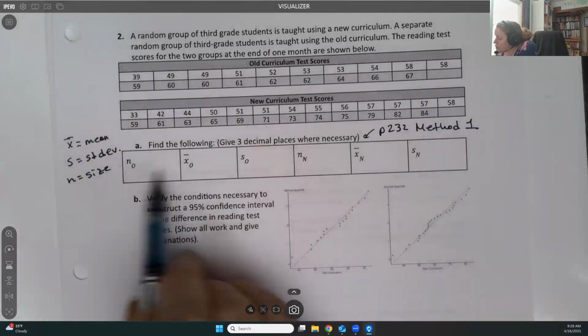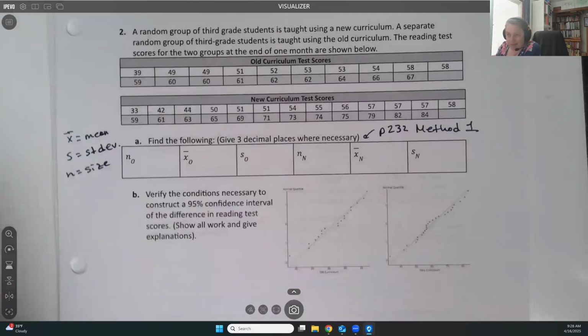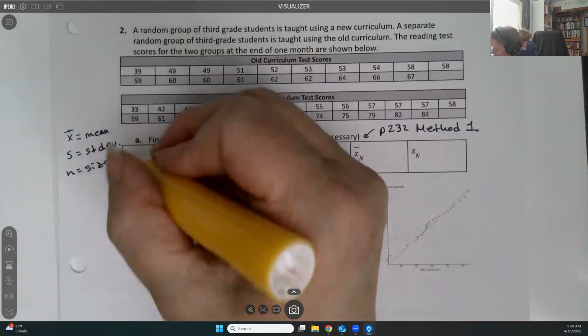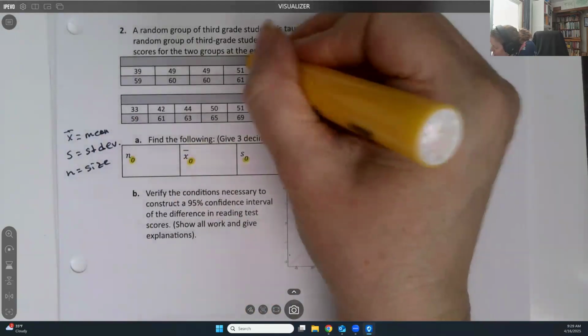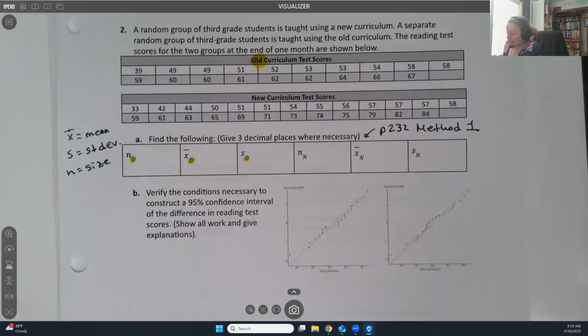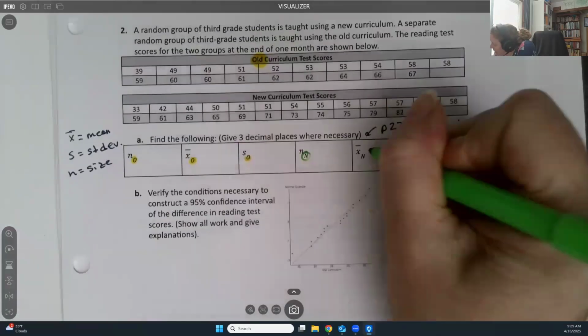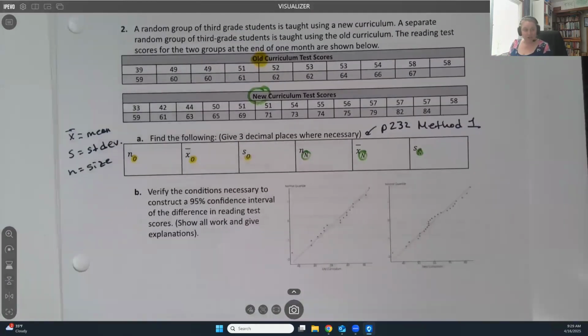Now the O's, these are O's for old curriculum. See what I was doing? So these little guys right here are saying O, O, O for the old curriculum. And then these other ones are saying N, N, N for the new curriculum. So you're going to have to run it.